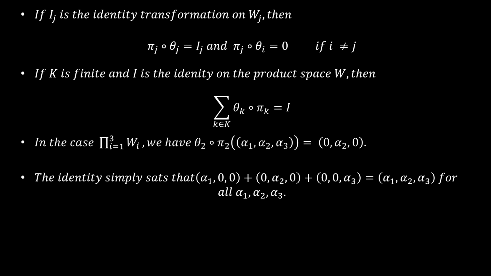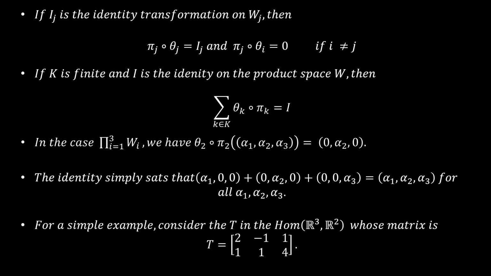The identity simply states that alpha 1, 0, 0 plus 0, alpha 2, 0 plus 0, 0, alpha 3 equals alpha 1, alpha 2, alpha 3 for all alpha 1, alpha 2 and alpha 3.